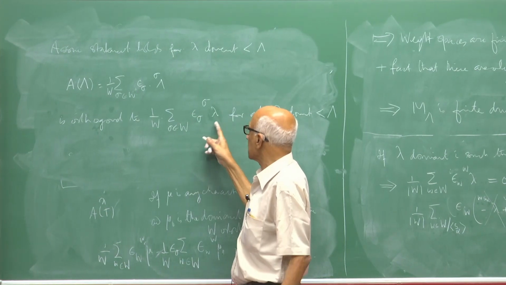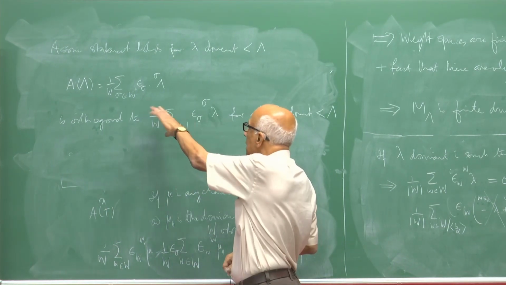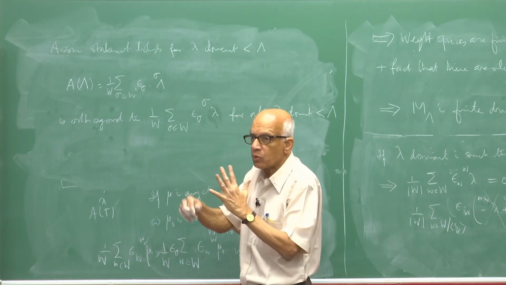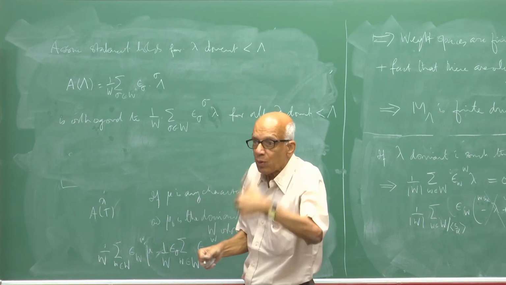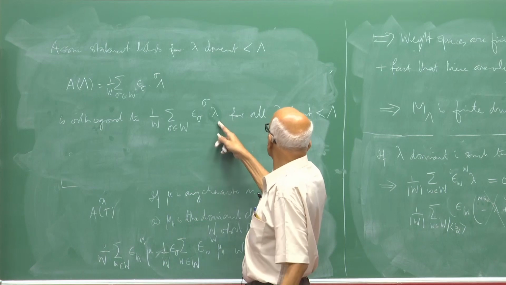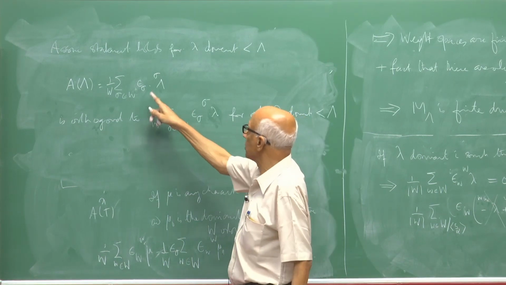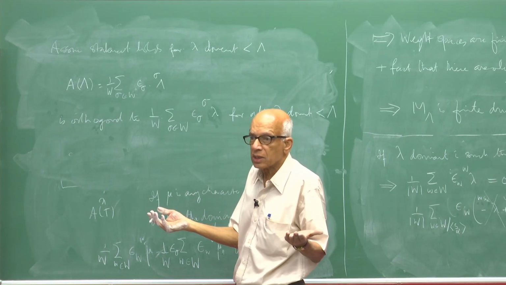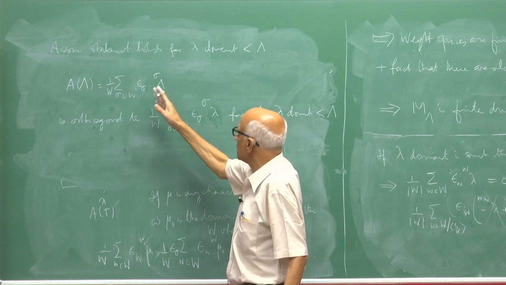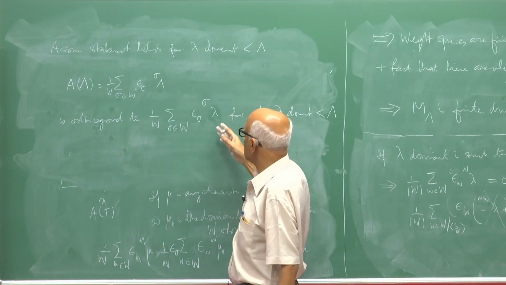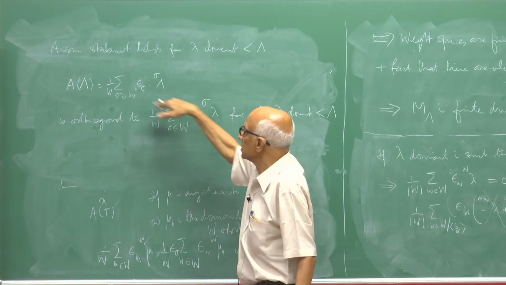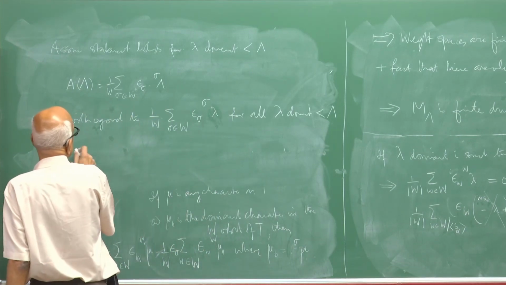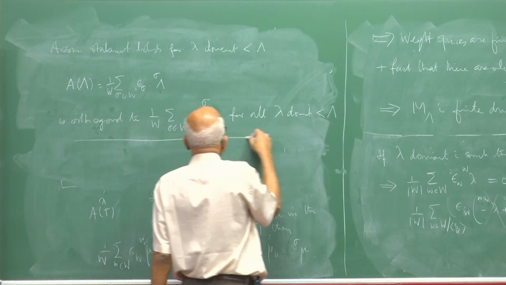The dominant lambda and the smaller dominant mu cannot be in the same Weyl group orbit. In any Weyl group orbit there is only one dominant weight. If mu is dominant and less than lambda, it cannot be equal to lambda, and any two distinct characters of the torus are mutually orthogonal. Nothing in the Weyl group orbit of mu lies in the Weyl group orbit of lambda. So they are all orthogonal to each other. This implies A lambda is orthogonal to all the elements.